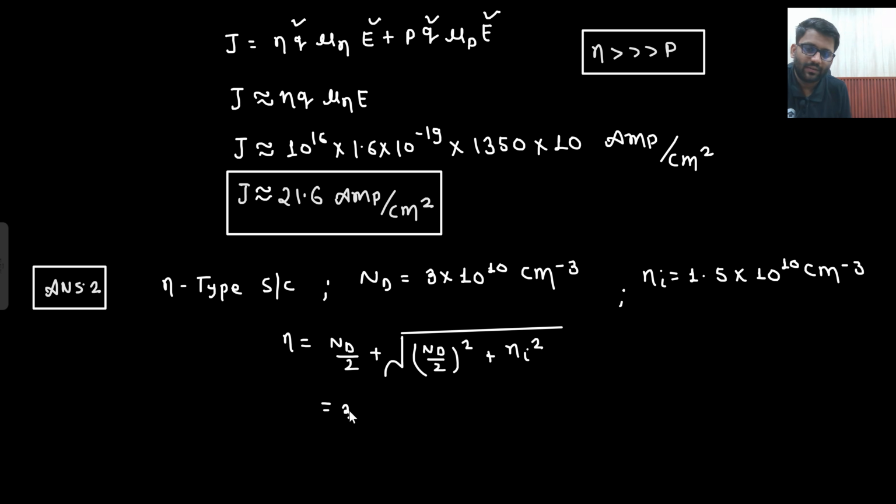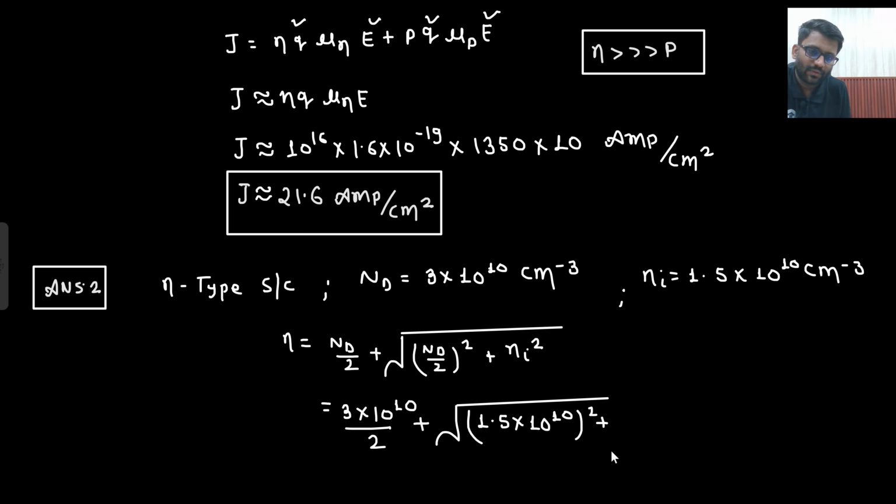So Nd 3 into 10 to the power 10 divided by 2 plus under root 3 into 10 to the power 10 by 2, so it would also be 1.5 into 10 to the power 10 whole square. So yes or no? Did you understand what I did here? 3 into 10 to the power 10 divided by 2, so 1.5 into 10 to the power 10. This is what you will be getting here.